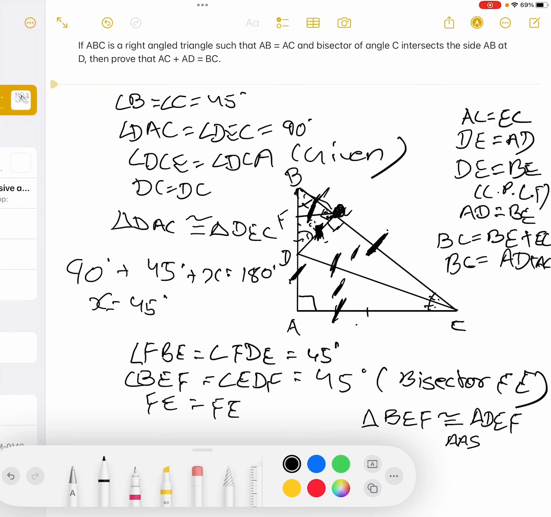So how to identify these types of constructions? When you are not able to prove two triangles congruent, like this triangle was not congruent to this whole triangle, it was congruent to this triangle, so we had to make a construction over here, right?